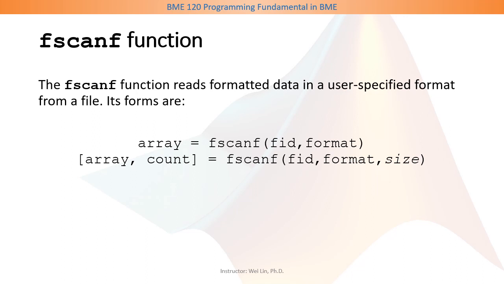The fscanf function will return the data and store it in a variable array. The second form requires a third input, which is the size of the data to read, and it will return the data itself as well as the number of data read from the file.